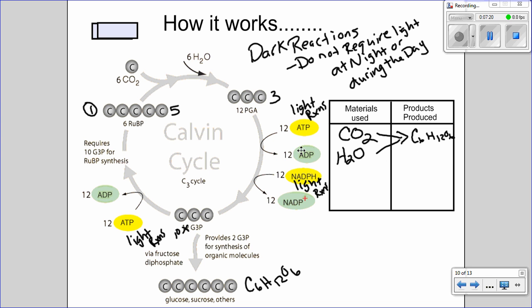Your ATP is used for energy, which then gets converted into ADP, which, if you think about it, now that you have regained ADP, this can go back into the light reactions, which we talked about yesterday, and be converted back into ATP, so that's a never-ending cycle. And then lastly, you used NADPH and converted that into NADP.